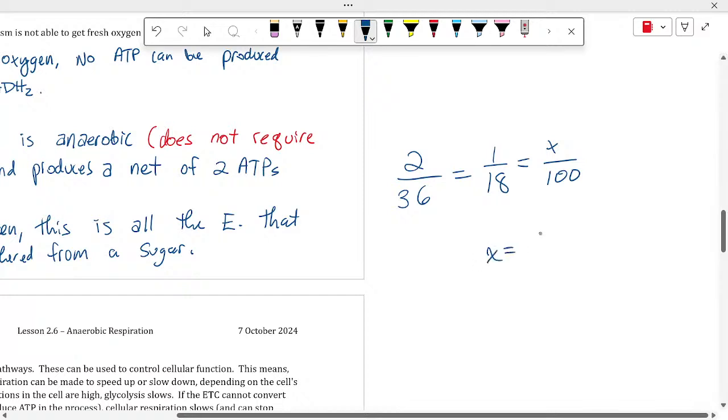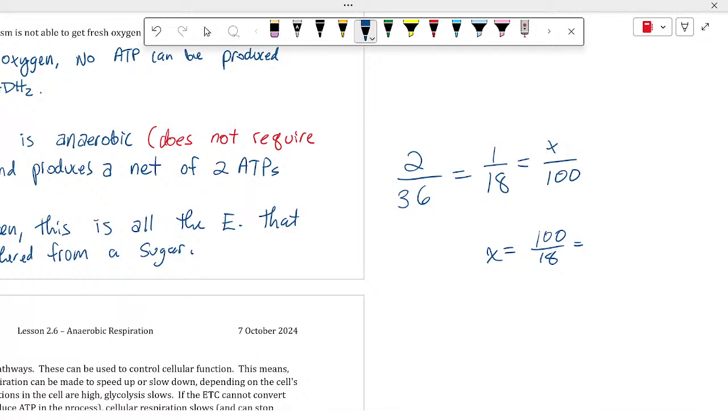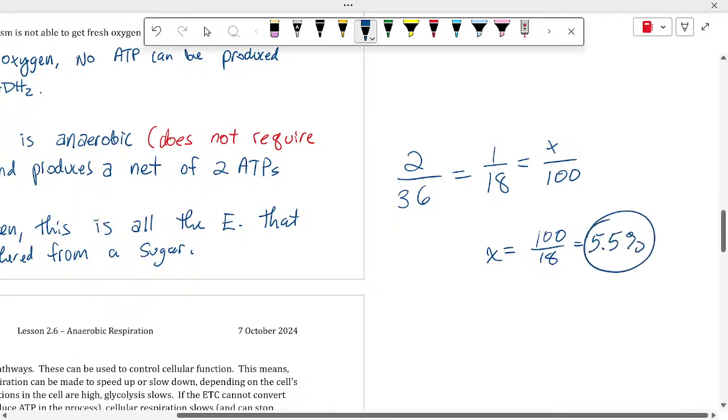X would be equal to 100 divided by 18. Yeah, sure it would. 100 divided by 18, which is how much? 5.5%. So that's not very good. But in the absence of oxygen, we can only get about 5.5% of the energy out of our glucose.